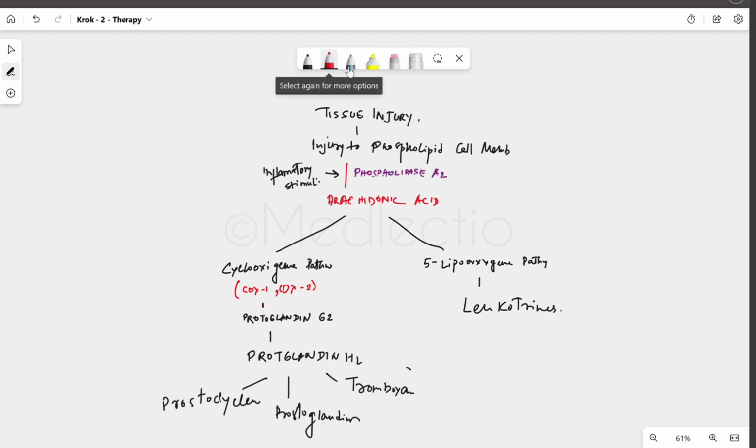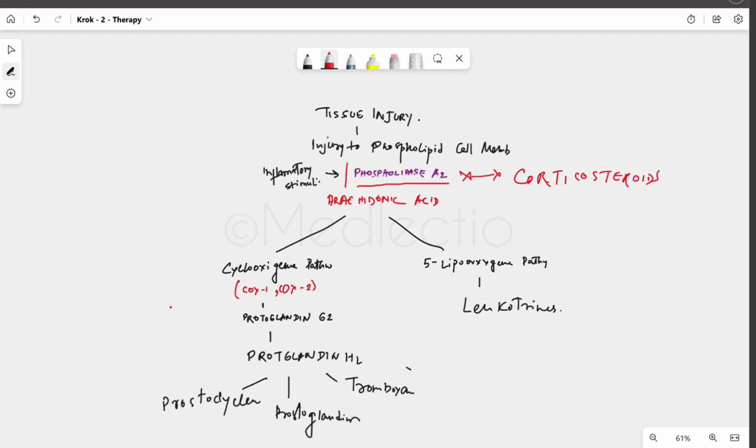Now they are asking about the enzyme inhibitors. There are some drugs which act on certain areas to inhibit this pathway. The first one is this enzyme phospholipase A2, and the drug which inhibits this is corticosteroids.